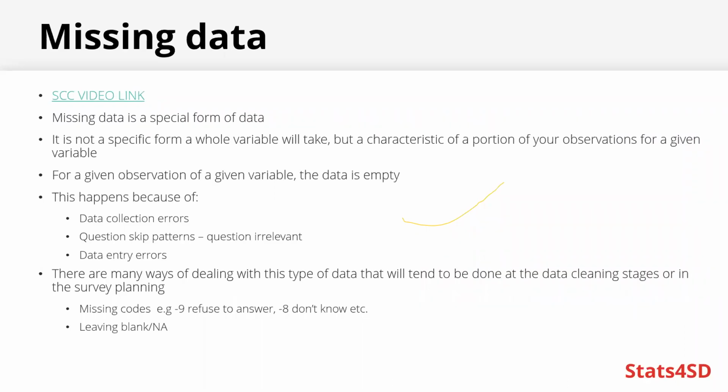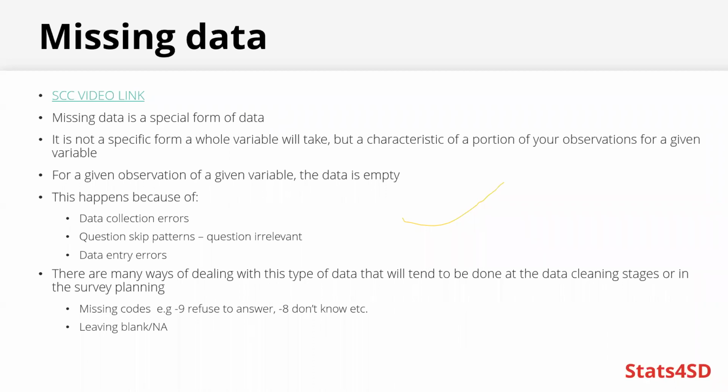So moving on to missing data. This is a special form of data, you could say. It's not a specific form of a whole variable, obviously, but a characteristic within a variable: certain observations might have some missing data. So for a given observation of a given variable, that data is not there for some reason. There are many reasons why missing data can happen.